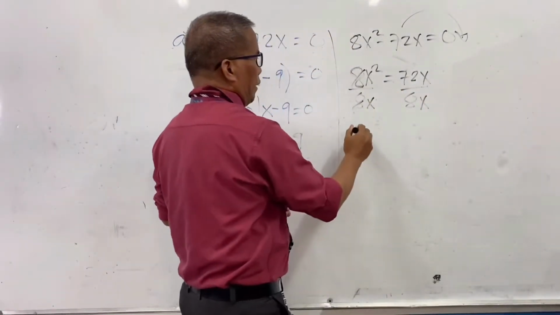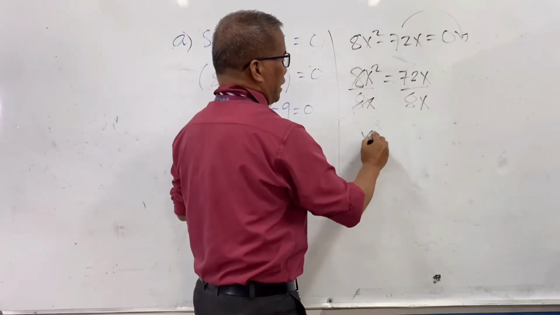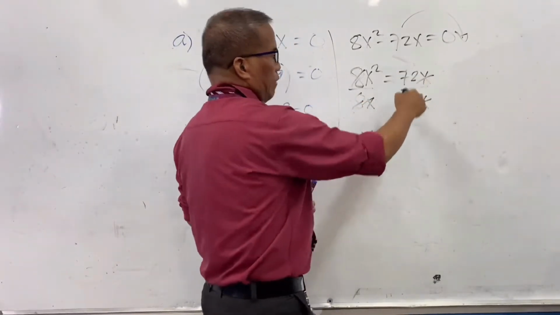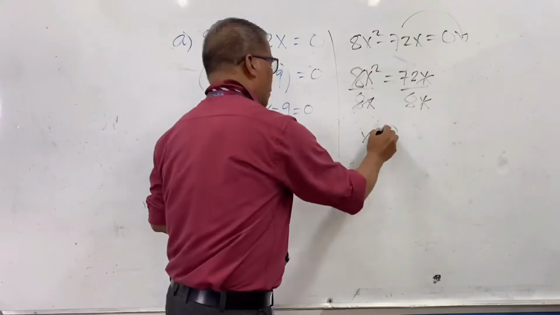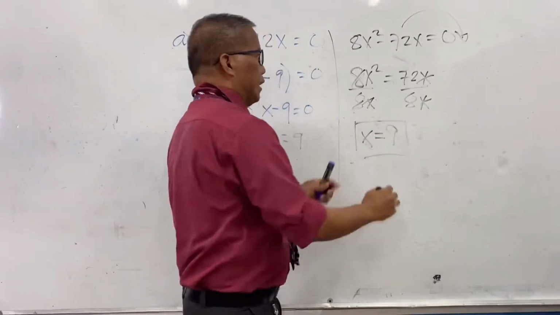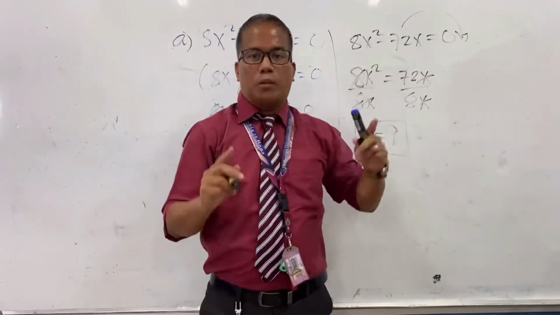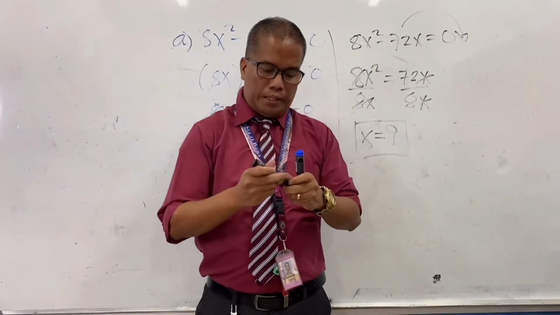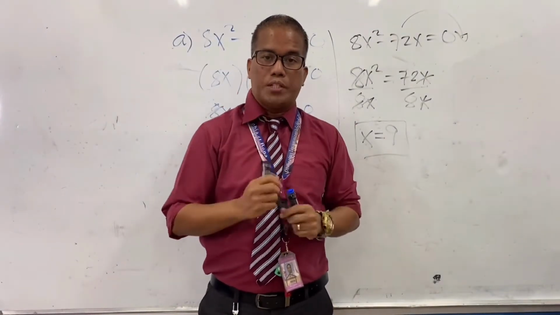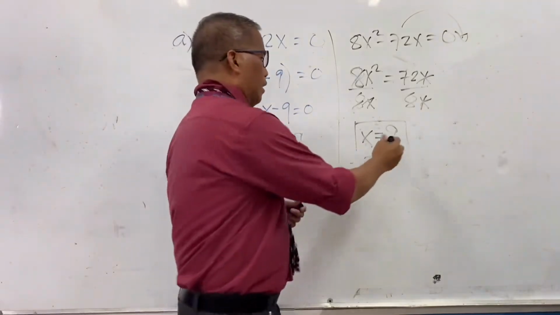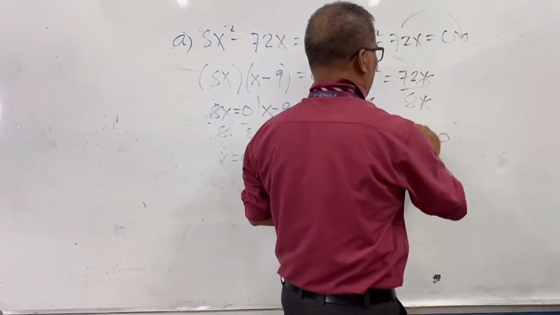Then cancel this, so we have now x is equal to 72 divided by 8 is 9. So we have only one solution, but since this is an incomplete quadratic equation, automatically one of the solutions will be 0. So always x is equal to 0.